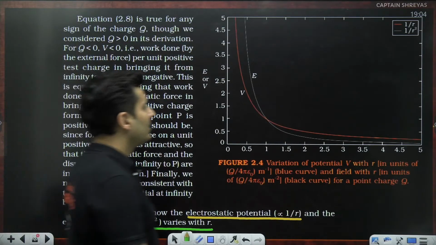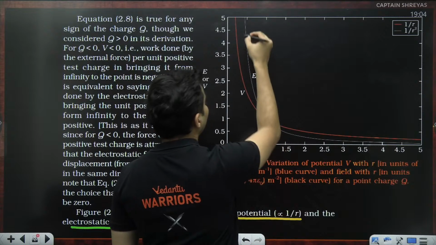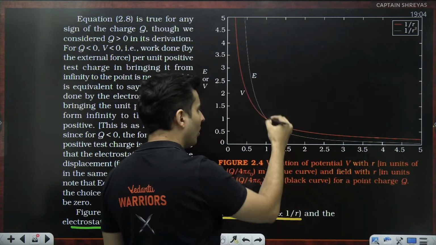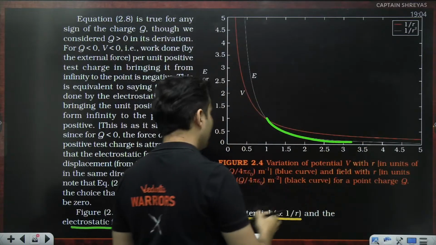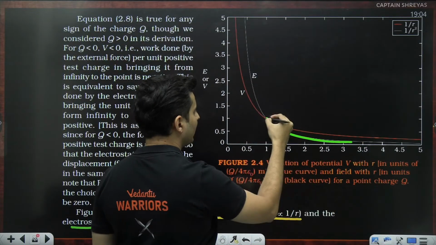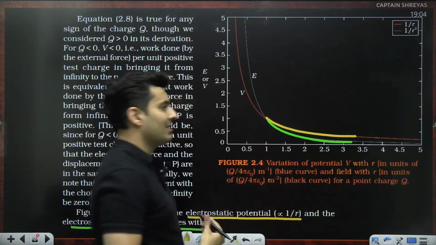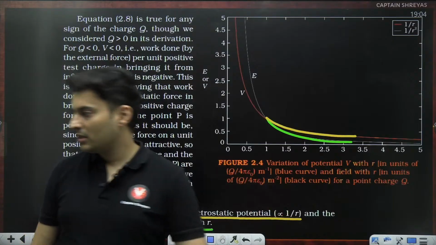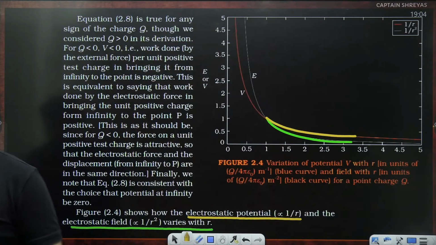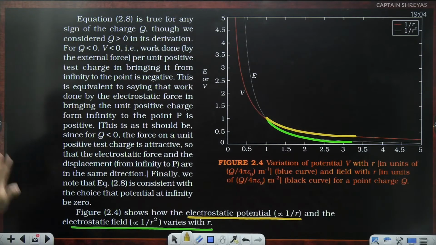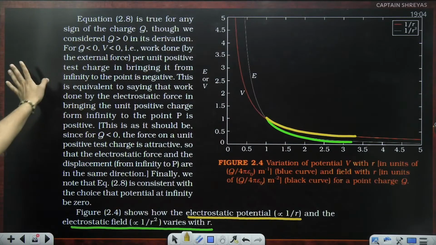You can see that right over here, the electric field starts falling more rapidly, so it has gone below the electric potential. It will fall faster with increase of distance. That is what this graph is all about. That's the only thing you should know, and there is nothing great about this particular paragraph, so don't worry about it.